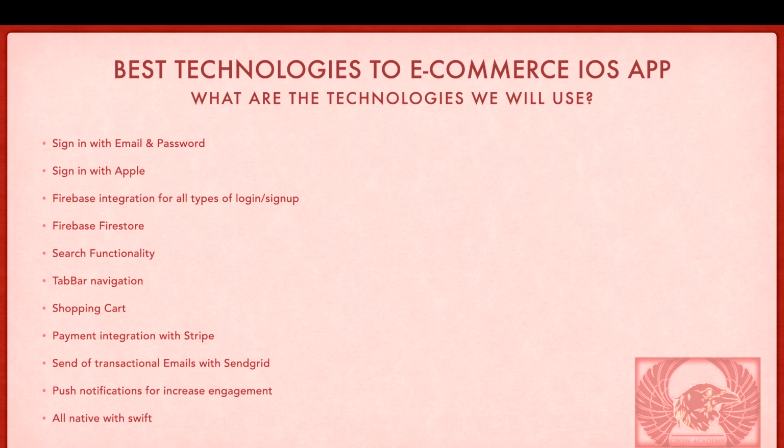Also, the main core functionalities: you will sign in with email and password, sign in with Apple, Firebase integration, Firebase Firestore, search function, tab bar navigation for iOS, shopping cart, payment integration with Stripe, send transactional emails with SendGrid, and push notifications for increased engagement. All this native with Swift.